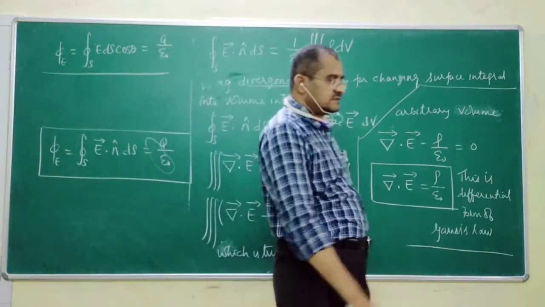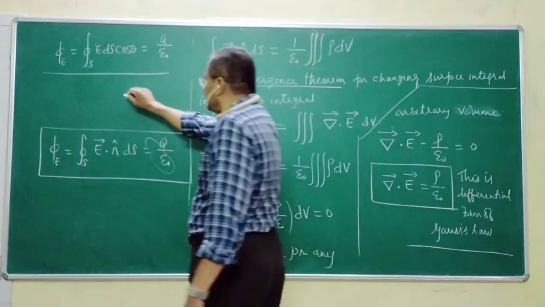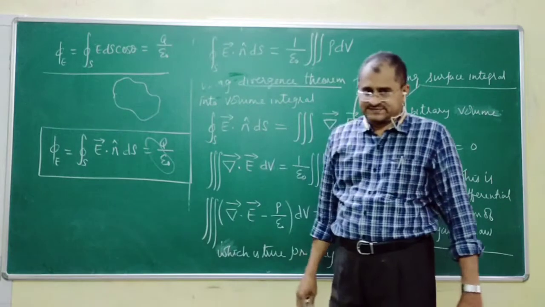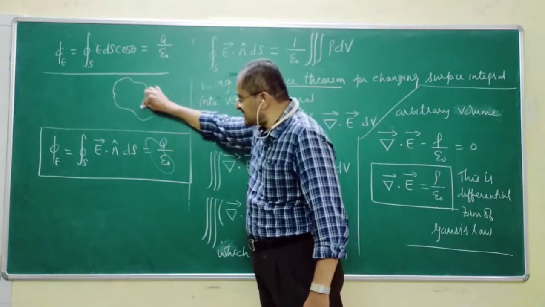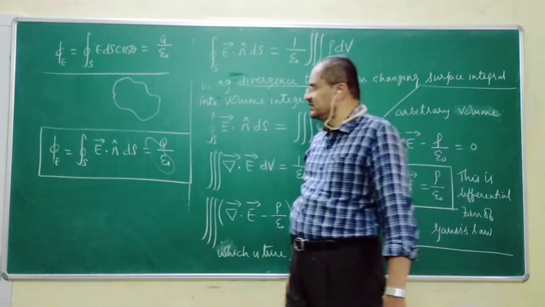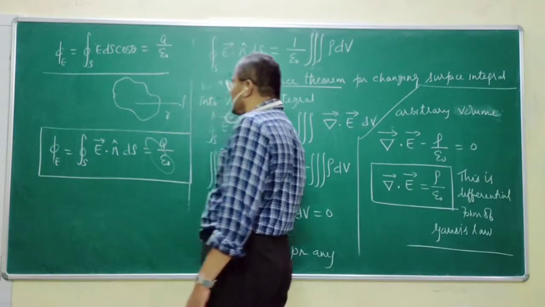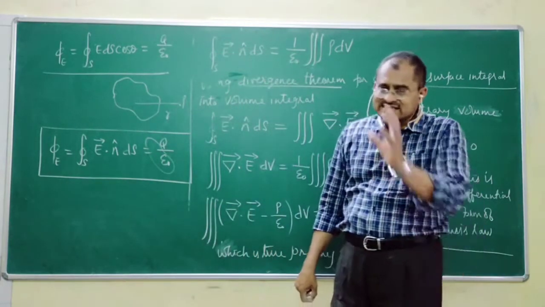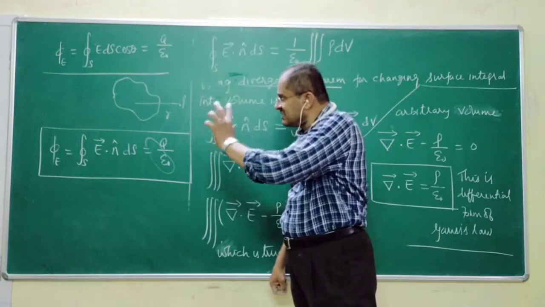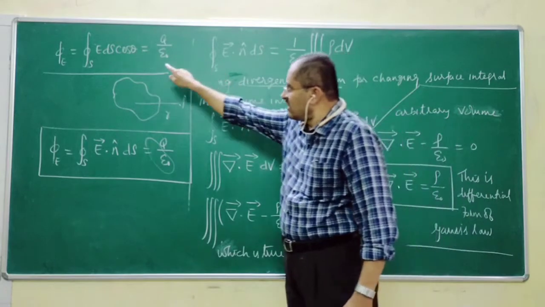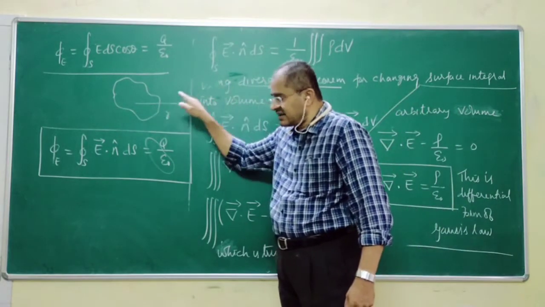Now, if you have an arbitrarily closed surface in which charge is distributed and you are asked to find out what is the electric field at a point P, distance r from this arbitrarily closed surface, we can use Gauss's law to determine the electric field intensity.